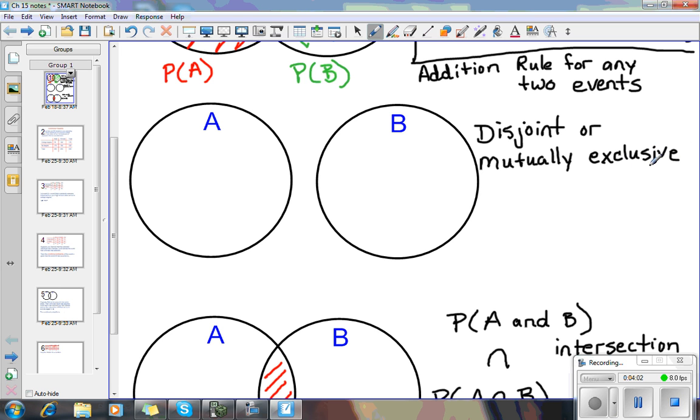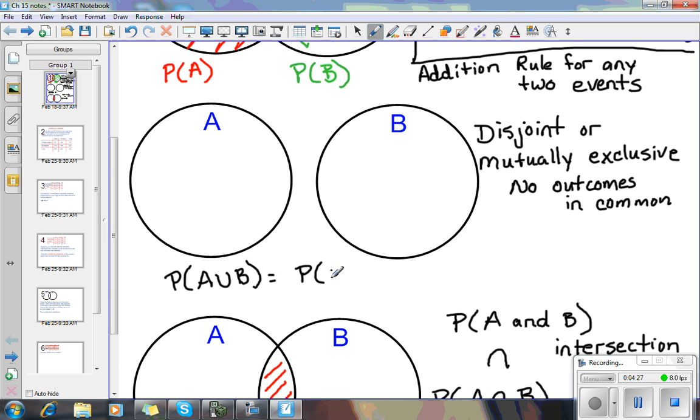And if they're mutually exclusive events, or if they're disjoint events, that means they have no outcomes in common. So in that case, if you wanted to know the probability of A or B, it's the probability of A plus the probability of B.